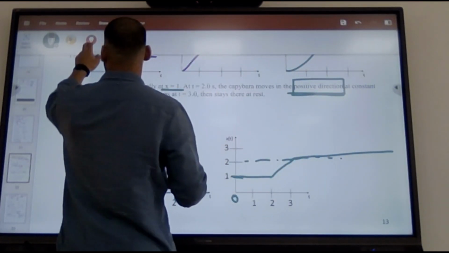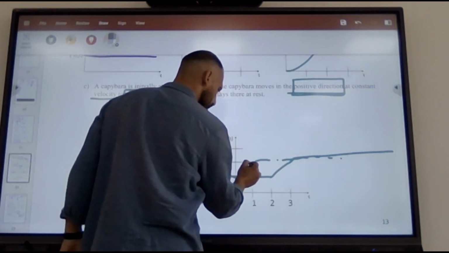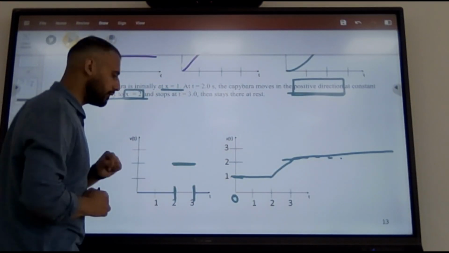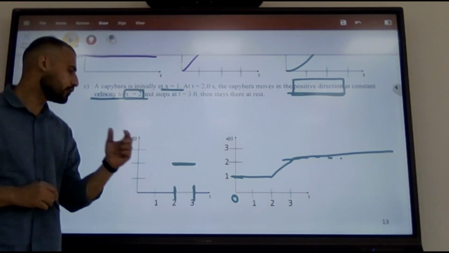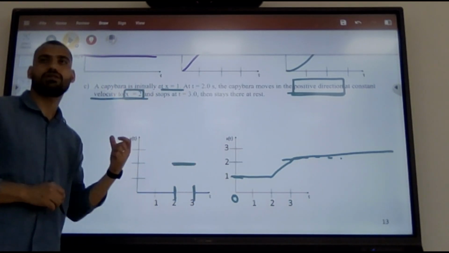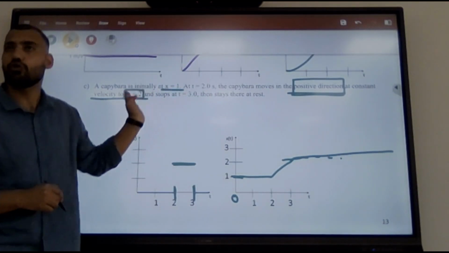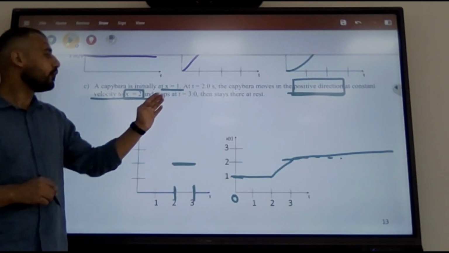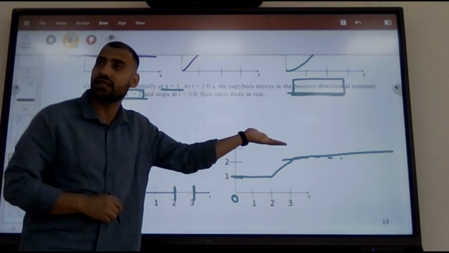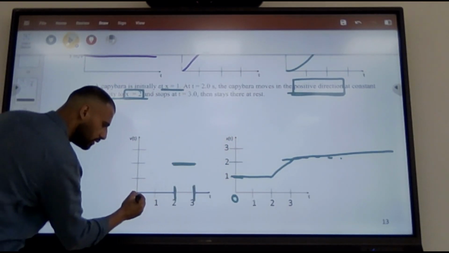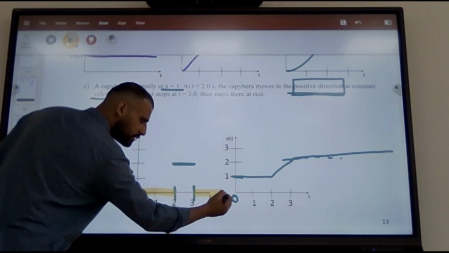Now, if you have to plot its velocity-time graph, one portion we have already drawn. From 2 to 3, velocity is constant. But tell me, was he in motion before 2? Is he in motion after 3? No, he's at rest. Zero velocity.